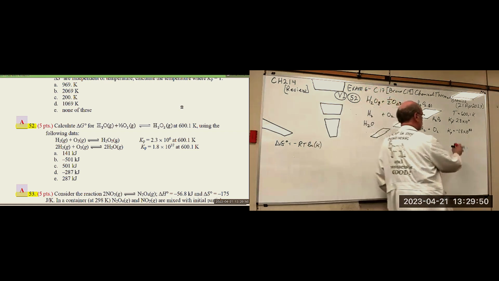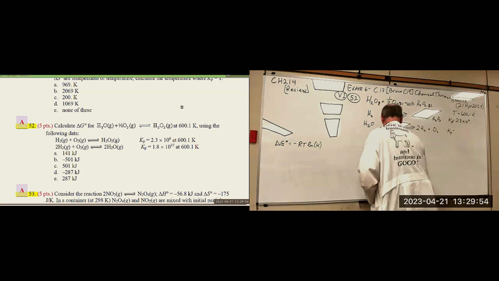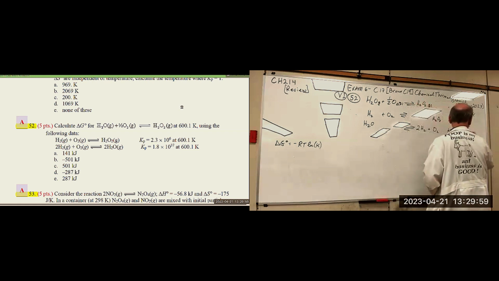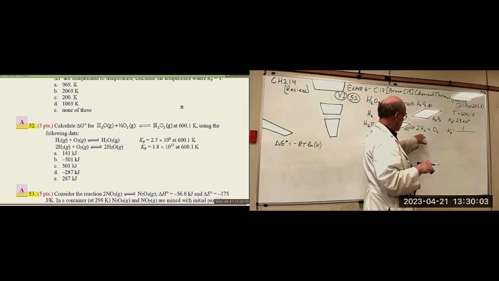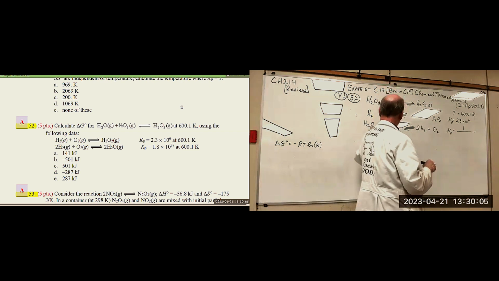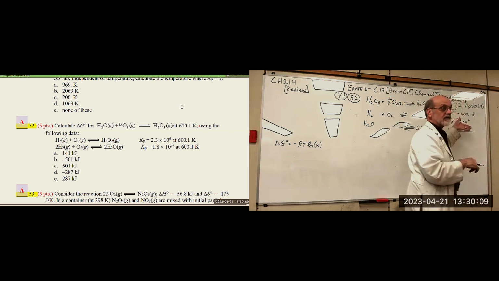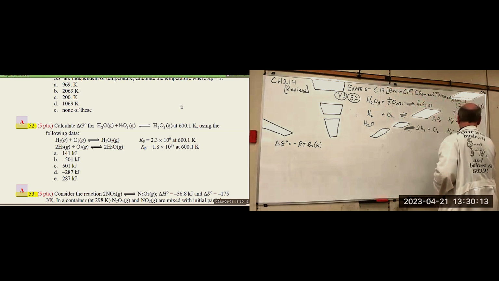That's for delta H. Sorry. Since it's an equilibrium expression, we take the inverse. Right? Because we're putting the reactants in the product place and the product in the reactant place. That means the value had to be flipped. 1.8 times 10 to the 37.